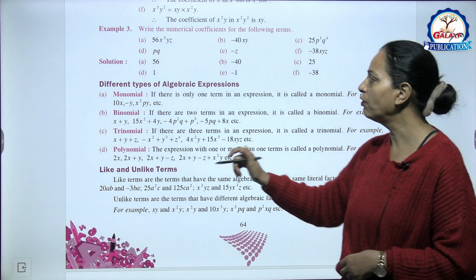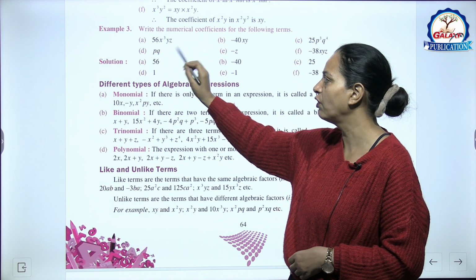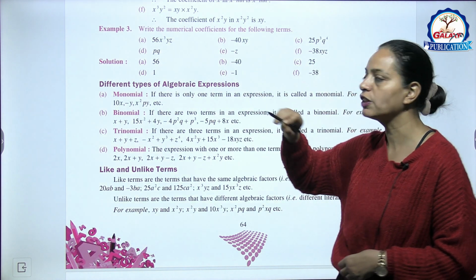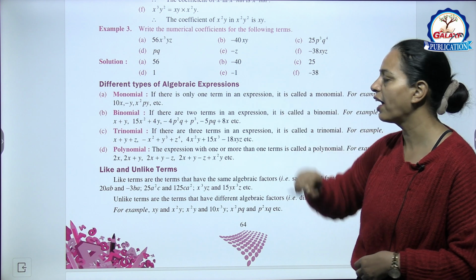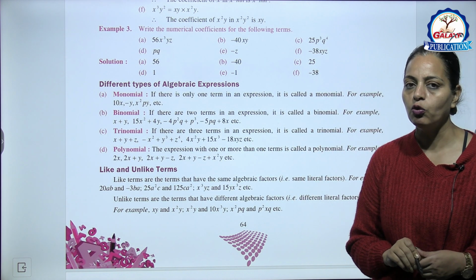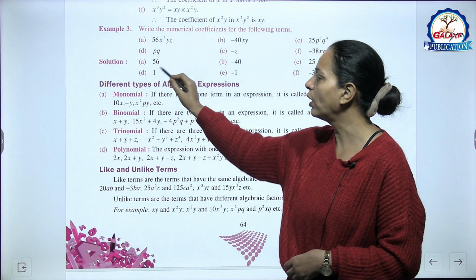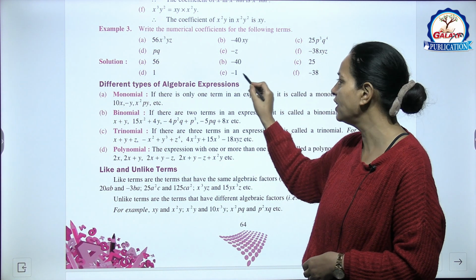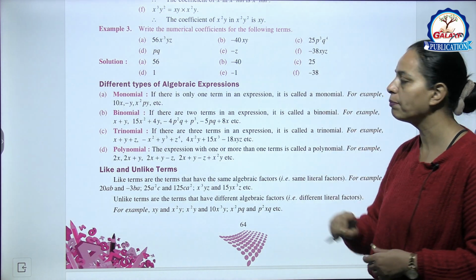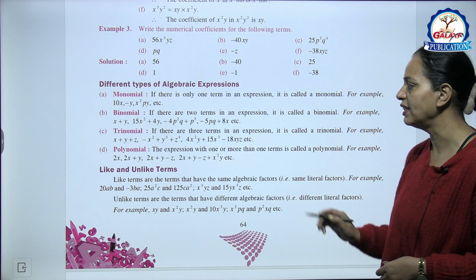A part 56x cube yz, so what is the numerical coefficient? That is 56. B part minus 40xy, what will the answer be? Minus 40. C part 25 p cube q4, answer is 25. D part PQ only 1, E part minus Z so minus 1, F part minus 38xyz, so that is minus 38.